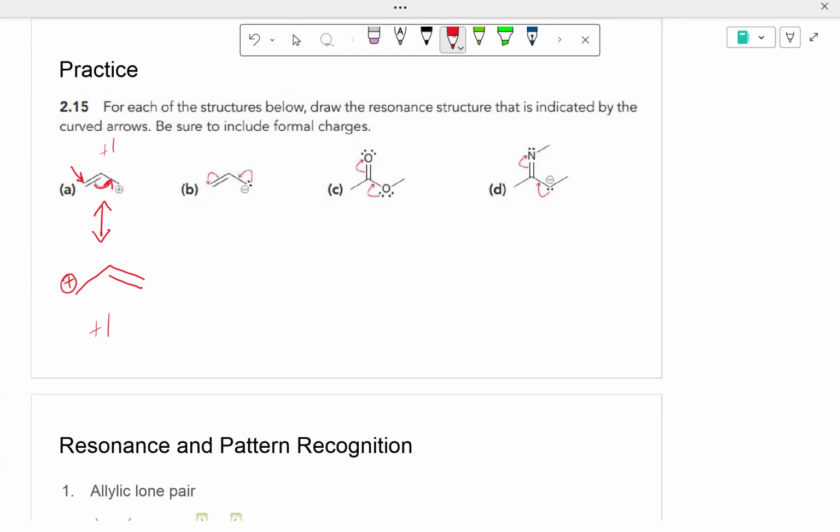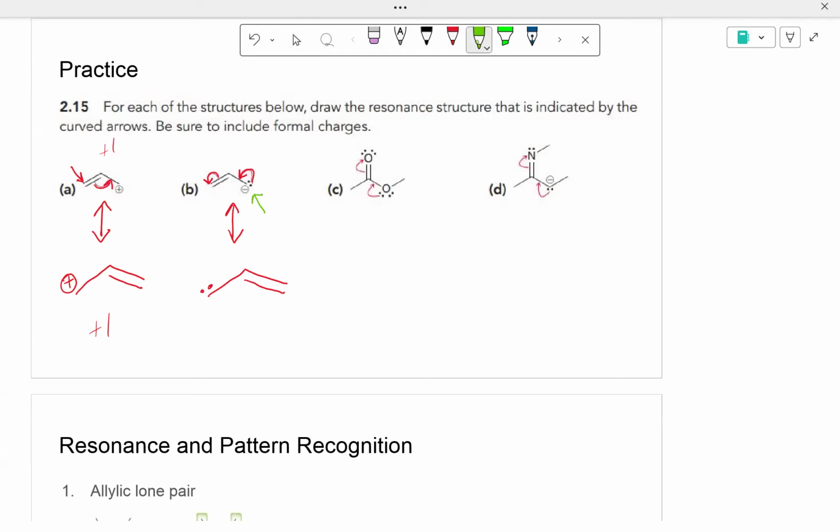Now in B, we're doing 2 movements here. We're moving this lone pair to form a pi bond here, and we're moving these pi electrons to that carbon atom on the end. So what does that resonance form look like? Well, now there's a pi bond here, and this carbon has a lone pair. Now let's deal with this carbon right here.